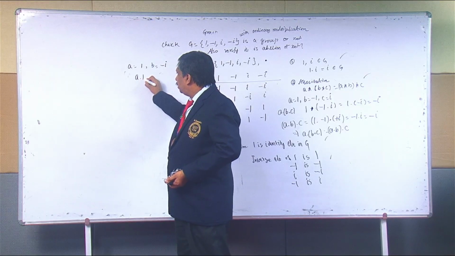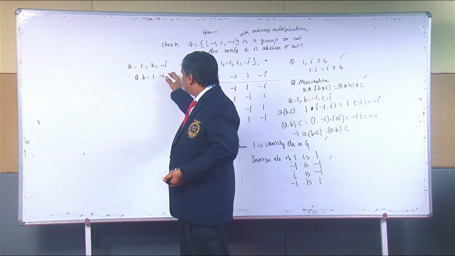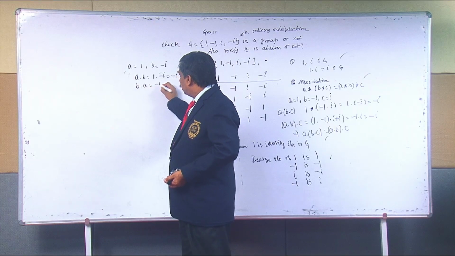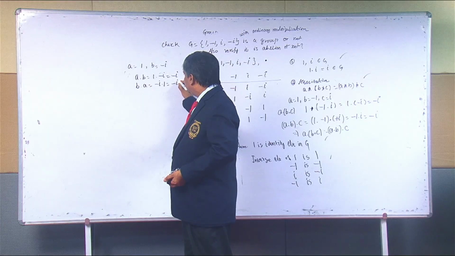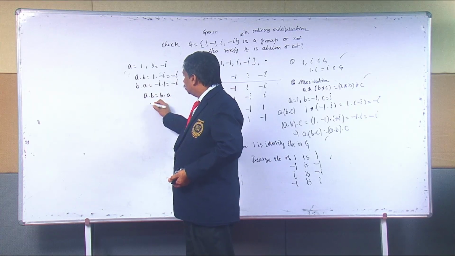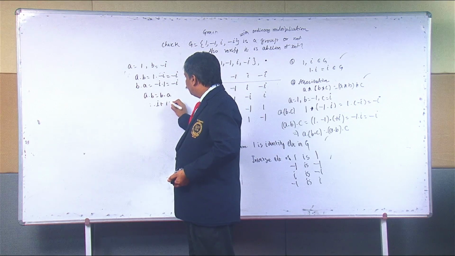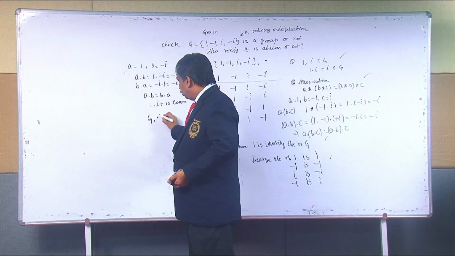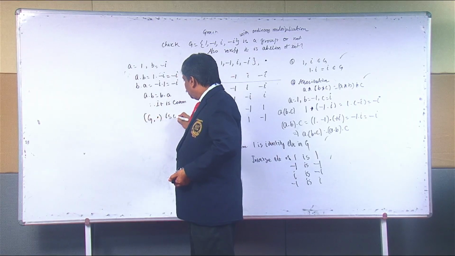What is a dot b? That is 1 dot -i, which is equal to -i. Similarly, b dot a is equal to -i dot 1, which is equal to -i. From that we can understand a dot b equals b dot a, therefore it is commutative. Therefore, G comma dot is an abelian group.